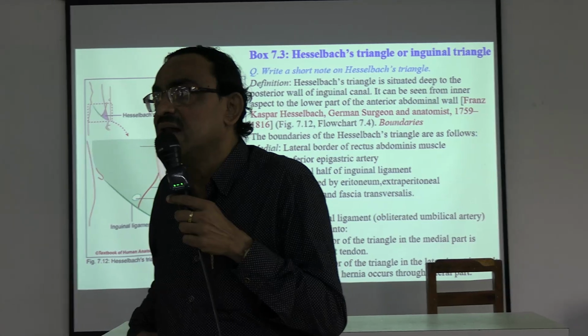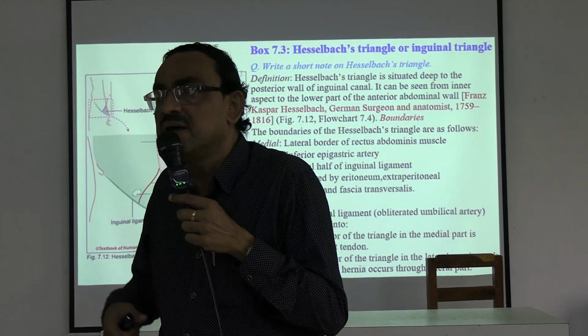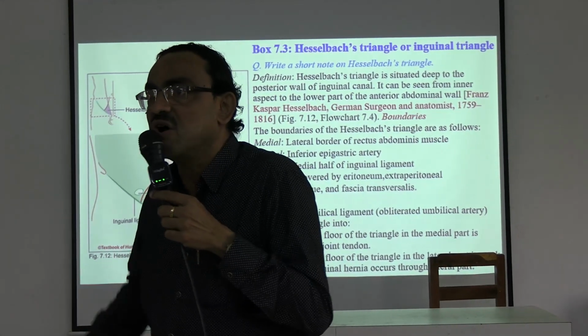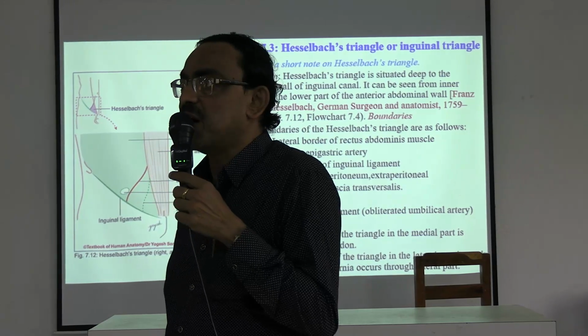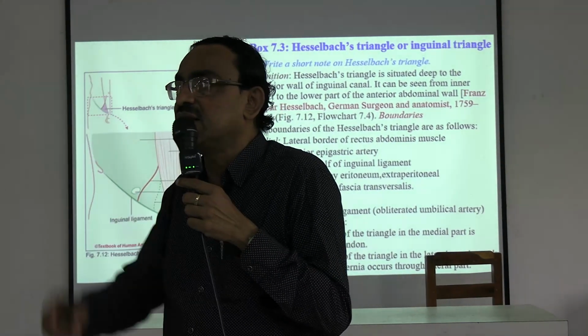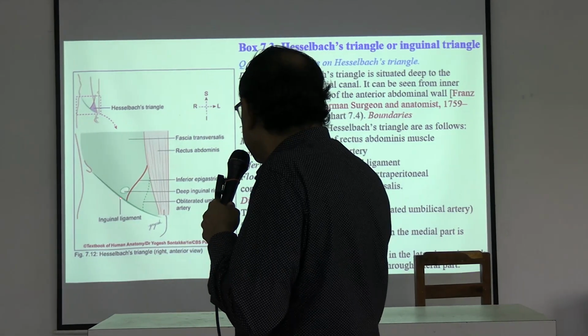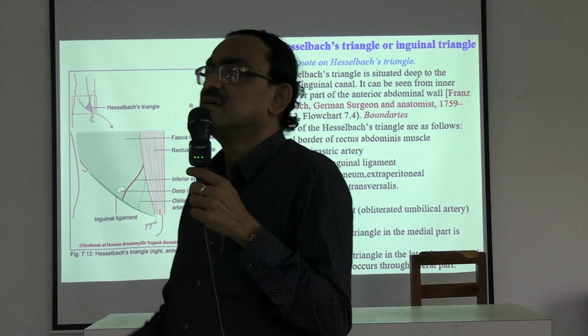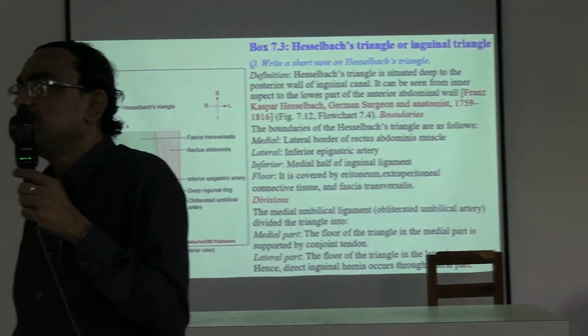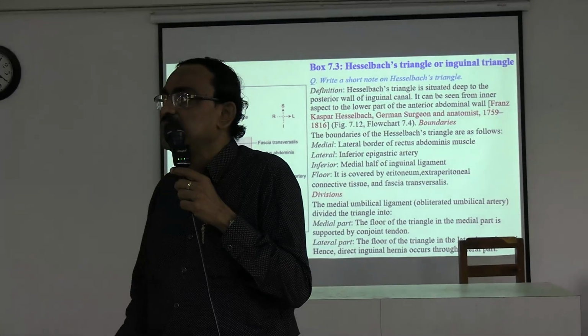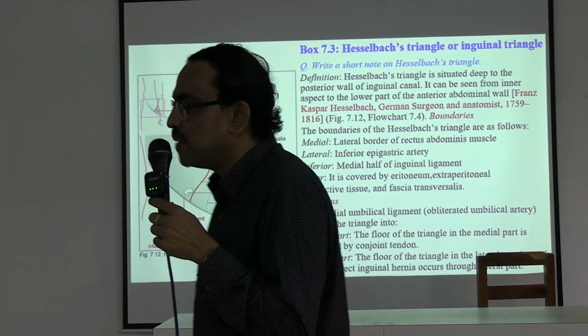That ilioinguinal nerve pierces the internal oblique and then it continues along with this spermatic cord. So this is the only content of the spermatic cord that is not passing through the deep ring, rather it joins with the cord after traversing the medial part of the spermatic cord.